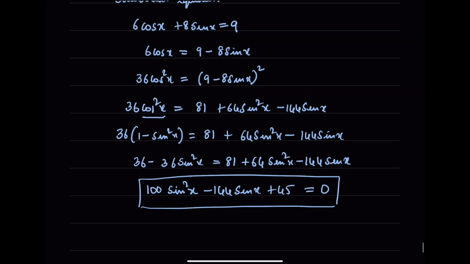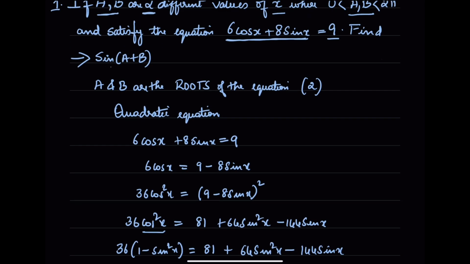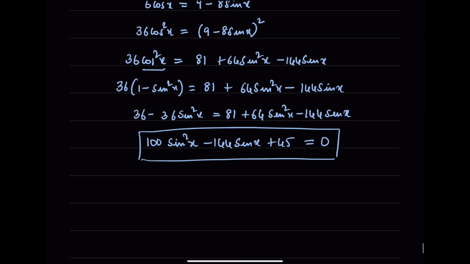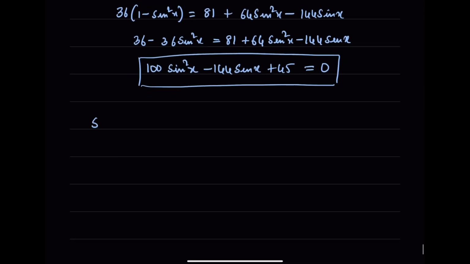Now let's see what the question is. The question is to find sine of a plus b. So what is the formula of sine of a plus b? We have sine of a plus b is equal to sine a cos b plus cos a sin b. But we don't know what sin a individually is or cos b individually is.